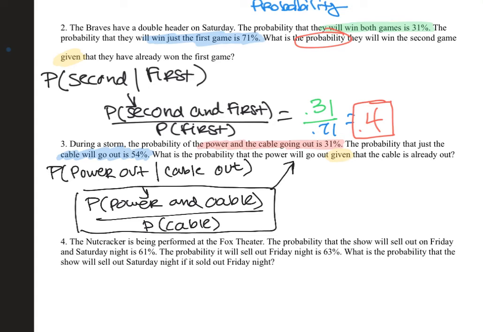Let's fill this out based on our percentages. Power and cable was 0.31, divided by just the cable going out, which is 0.54. Remember, percentage is not a probability. That is a percent. You need to make sure your probabilities are between 0 and 1.